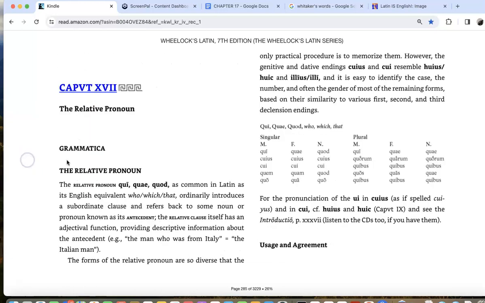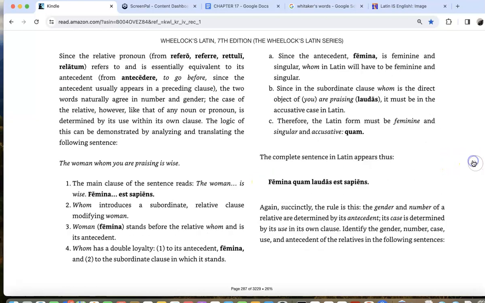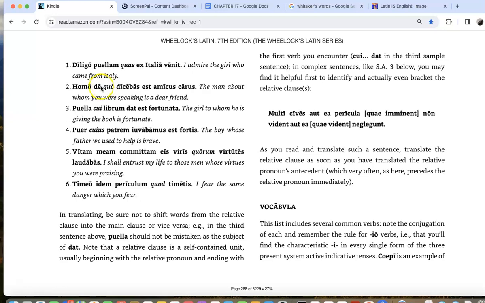So if we go back to our chart here, masculine singular, so it's either going to be qui, cuius, cui, quem, or quo. But then what is its function in the relative clause? Well, its function is ablative, because de as a preposition is always followed by the ablative. So we have de quo, and we translate that as about whom.